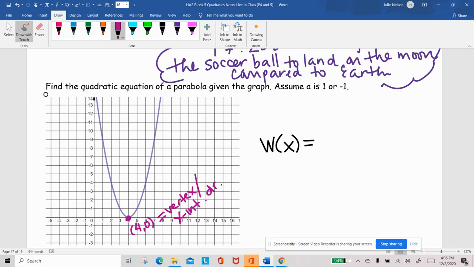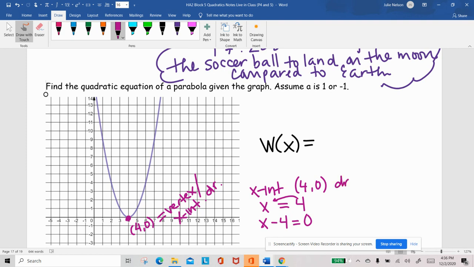Since our x-intercept is 4, 0, that means x equals 4. Before I solved for x, if I move the 4 over, it's x minus 4 equals 0.